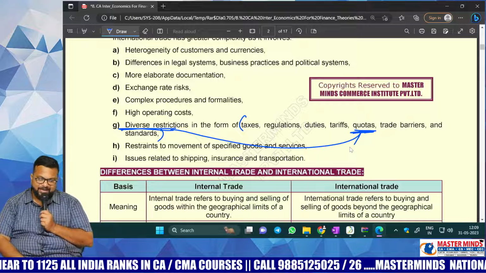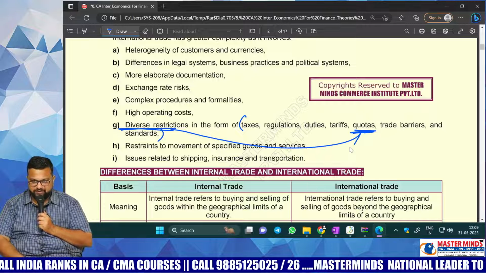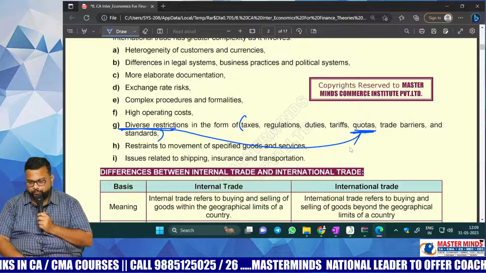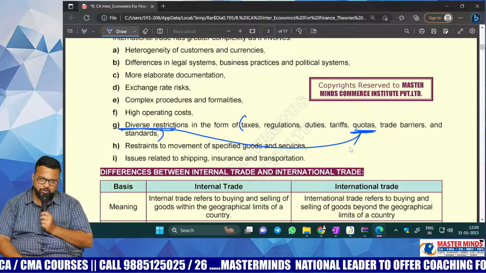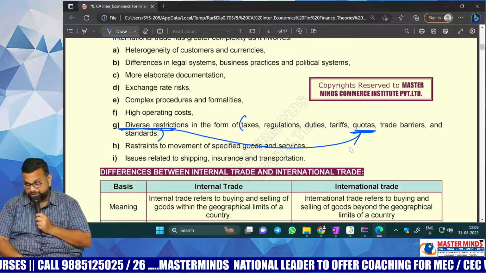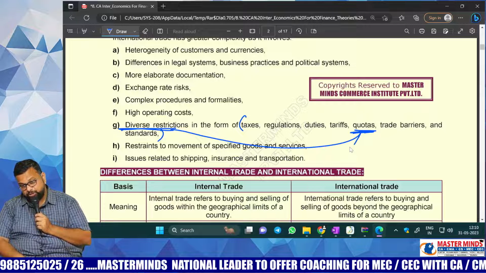Okay. Restraint on movement of specified goods and services. Restraint means restriction. See, when it comes to internal trade, goods can be easily moved from one state to another state. Hardly you will have any restriction. But when it comes to international trade, there are so many restrictions that you need to look into.